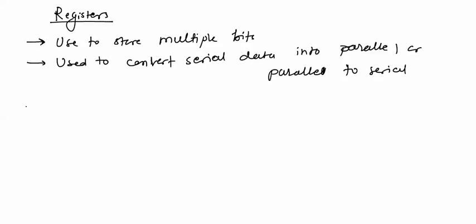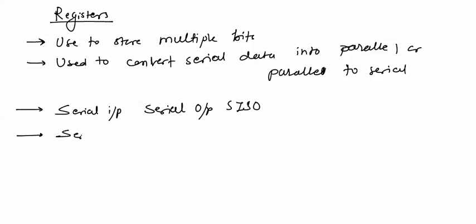There are 4 types of registers that we will study. One is serial input, serial output, that is SISO. Next one is serial input, parallel output, that is SIPO.